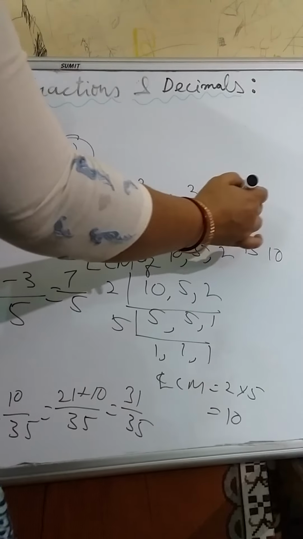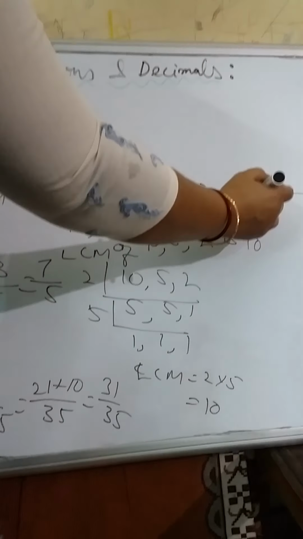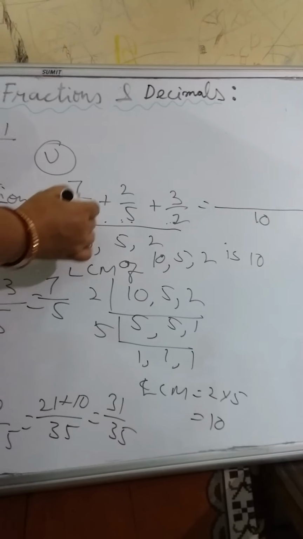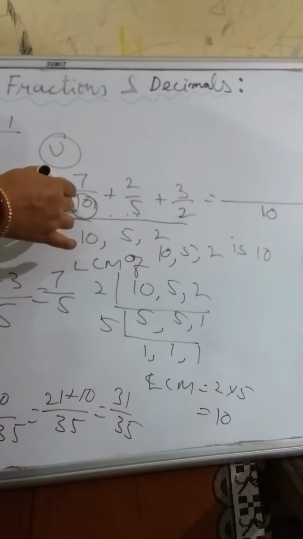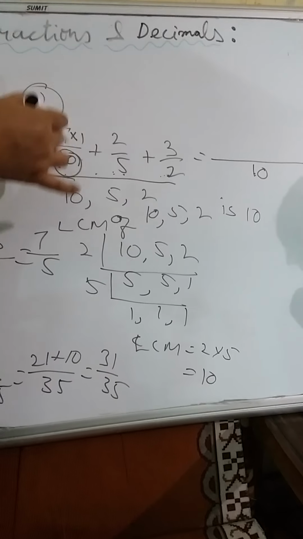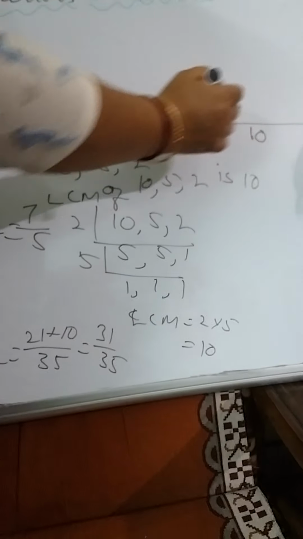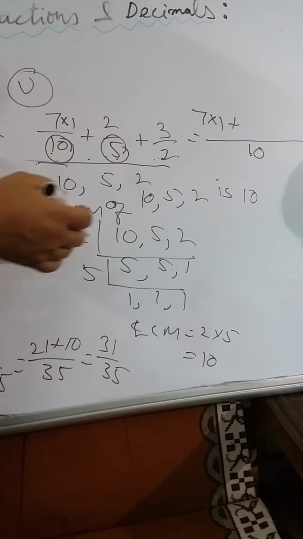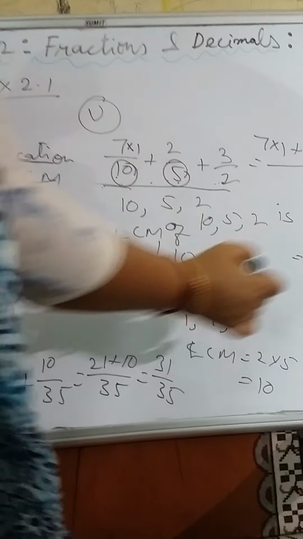So this is, draw a big line, 10. This denominator is 10. So 10 divided by 10 is 1. That has to be multiplied with this. So 7 into 1 plus, this denominator is 5, 10 divided by 5 is 2.